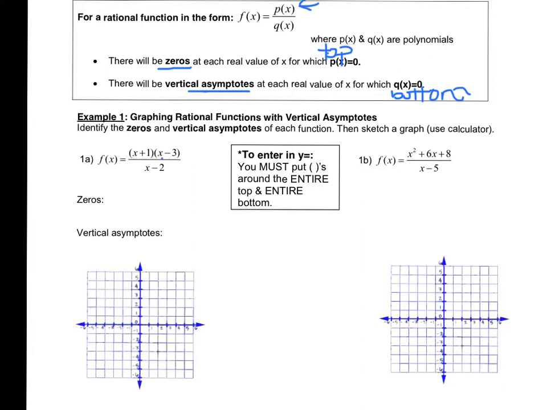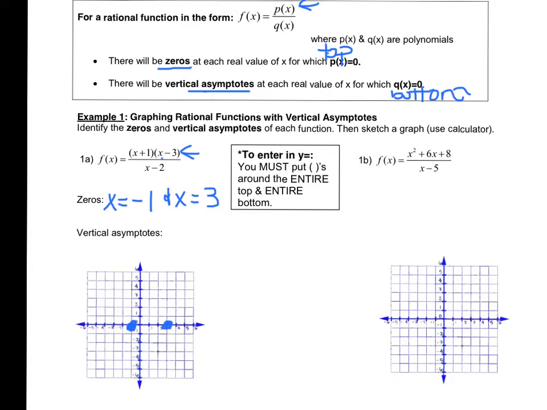The top is already factored, so we can immediately set those equal to 0 on the top, and when we do that, we'll get x equals -1, because that's a +1, and we'll get x equals +3, because that's a -3. So on the graph, I'm going to put a dot on -1 and at +3, because the graph will go through those 2 points.